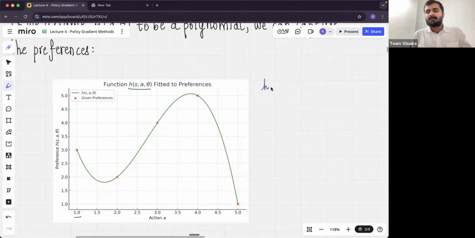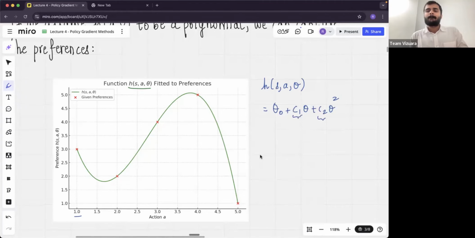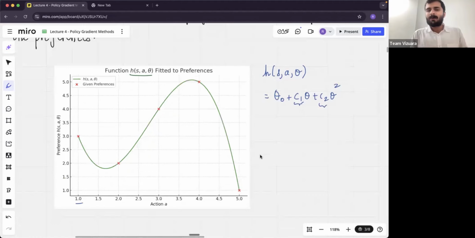So this function can be written as theta 0 plus C1 theta plus C2 theta square, let's say. And we have estimated this C1 and C2 so as to fit this data. So this is an example of a function which we have parameterized with a parameter theta.